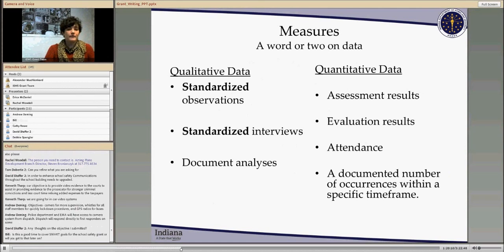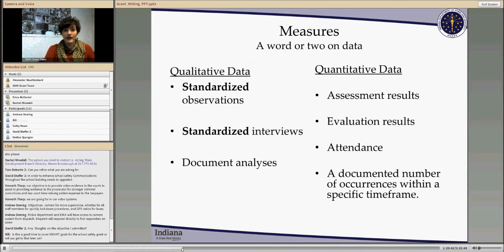If you are part of an EMA or law enforcement or a fire department, you have some qualitative data from any time that you do an exercise. That's basically the data that your controllers and evaluators are collecting during the time of the exercise. And so what you're not doing is comparing one part of one agency to another, but you're evaluating them in a standardized way against a set of standards that have already been set out.